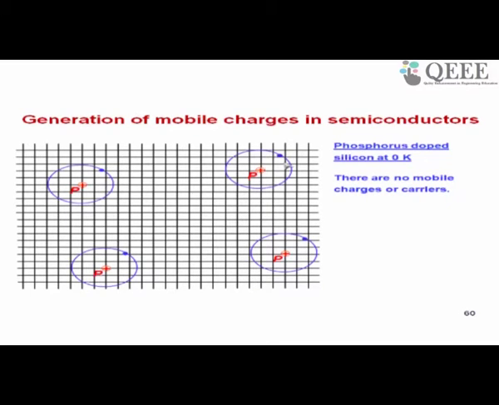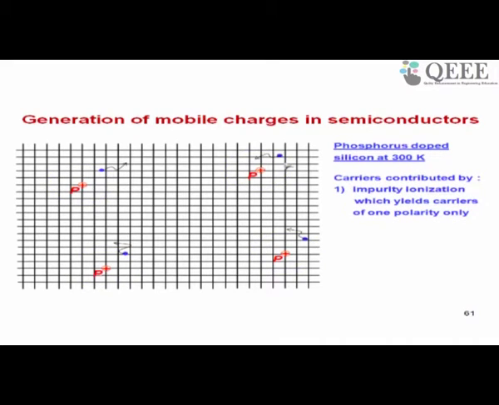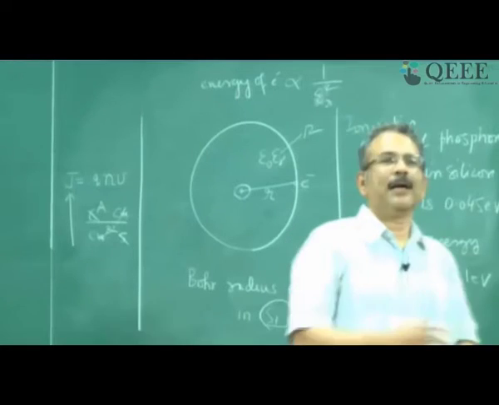At T equal to 0 K, there was a circle showing a bond between the electron and nucleus, whereas at T greater than 0 K, at 300 K, the bond has vanished, so each electron has become free from the phosphorus atom. Now in addition, some silicon-silicon bonds will also break. So in addition to impurity ionization, which yields carriers of one polarity only, we will continue with this later.